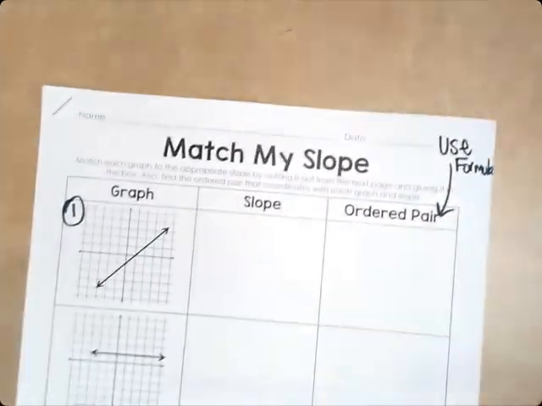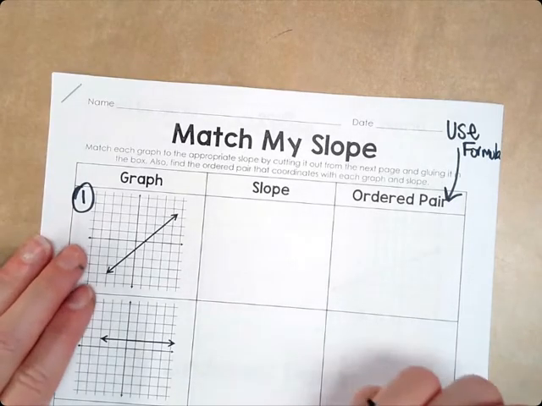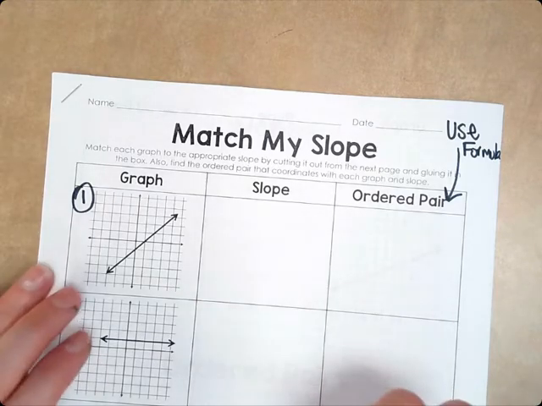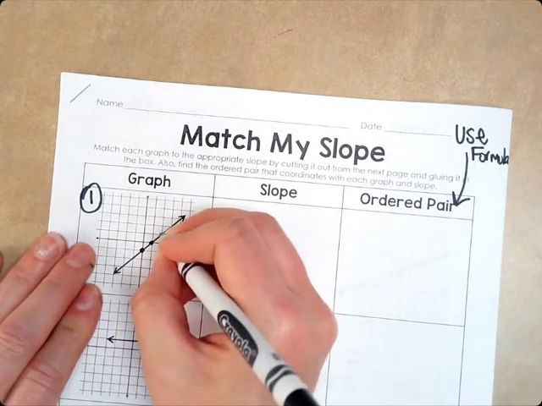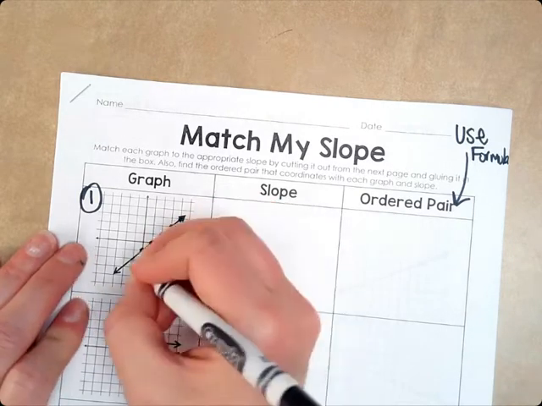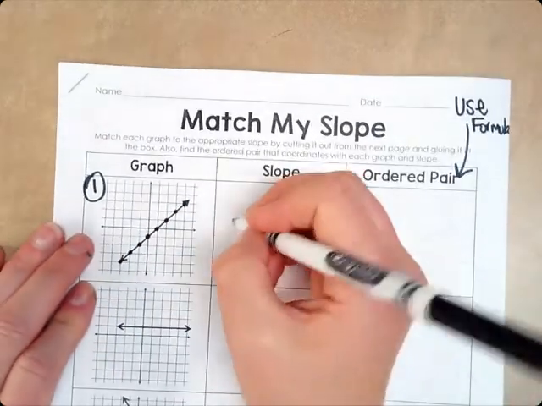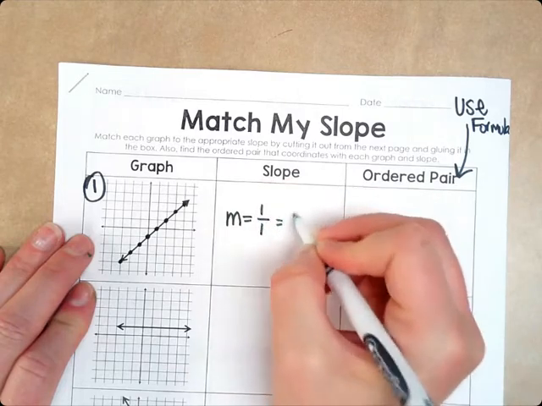If you don't have enough room on your paper, you can write it on a sheet of notebook paper. So we'll look at the first one. Every point is a perfect point here, every crosshair. So our slope was 1 over 1, which just equaled 1.